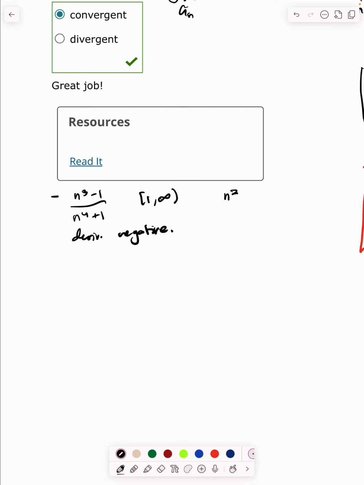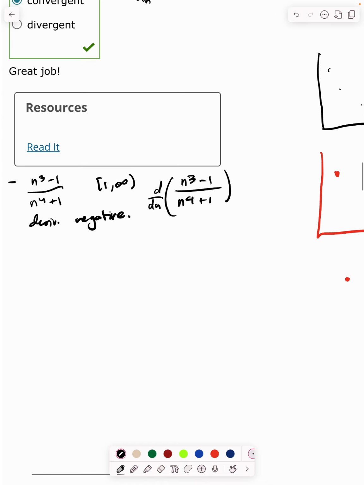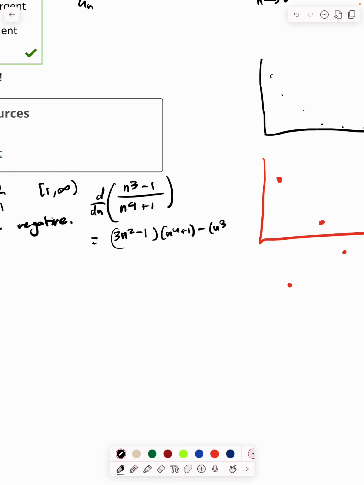Let's try to take the derivative of this equation. It looks like a quotient rule: 3n squared minus 1 times n to the fourth plus 1, minus n cubed minus 1 times 4n cubed.